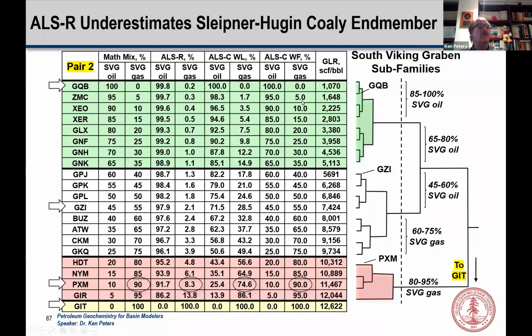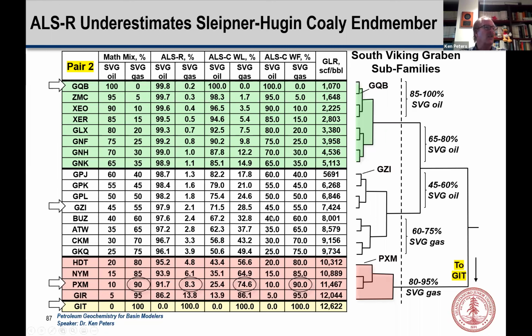We can also deconvolute these mixtures using different approaches. Here's ALSR, alternate least squares of ratios; alternate least squares based on a whole liquid basis, which is basically C6 plus; and alternate least squares of concentrations on a whole fluid basis, where we account for that gas fraction. So it's C1 to C35 plus.